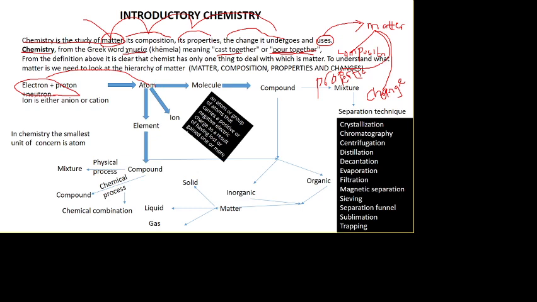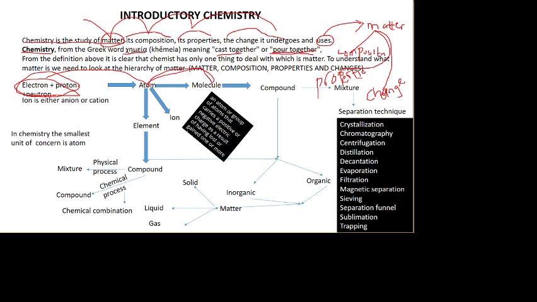So therefore, in chemistry, we are going to look at these things in detail, their discovery, their properties, and the experiments that they conducted to confirm their presence. We are going to be looking at molecule, because atom leads to molecule.